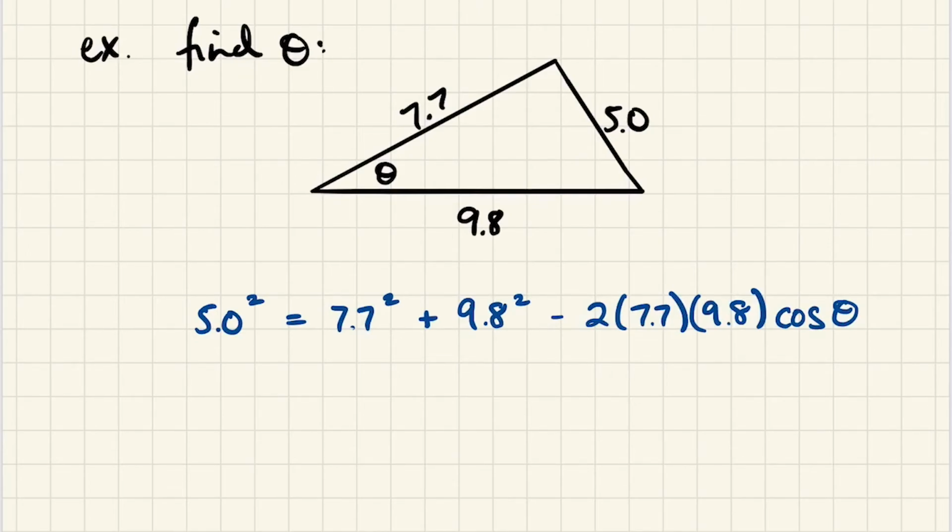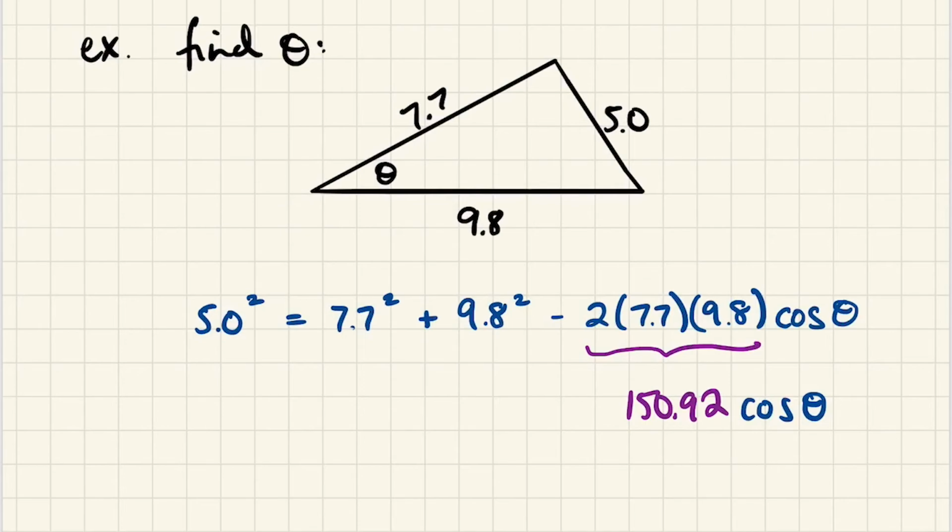Very good. We should do this calculation. This is one of the most common places for a calculation to go wrong. You must respect the order of operations, so I recommend doing this in several pieces. Remember, we're after cosine of theta, so that'll be the last thing we get isolated. So we should work out that in a single calculation. Okay, 2 times 7.7 times 9.8, I get 150.92. And that's the coefficient of cosine theta.